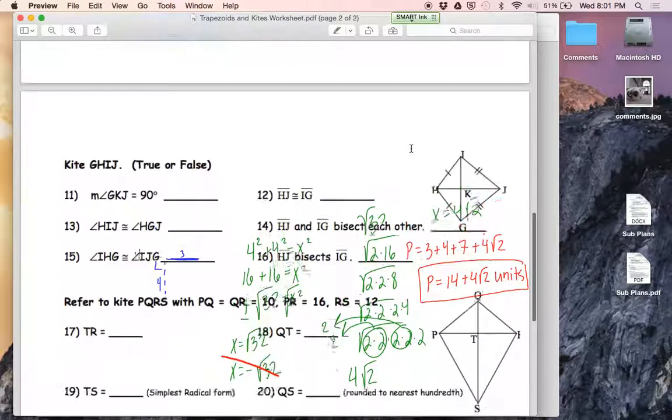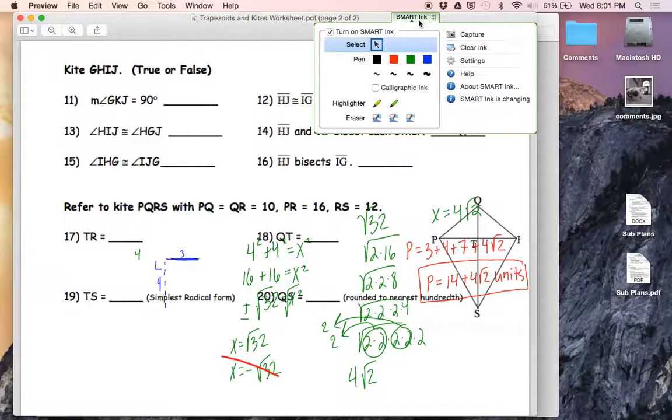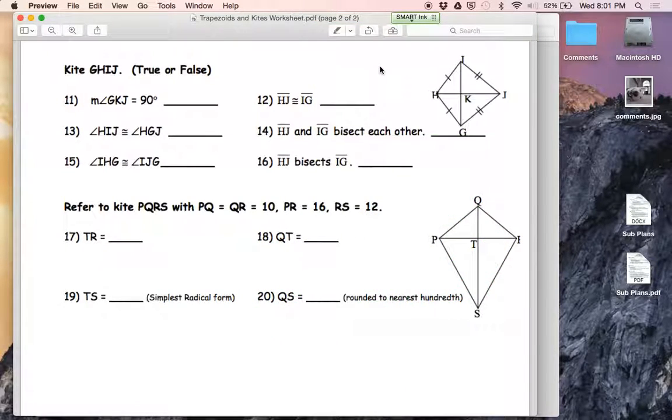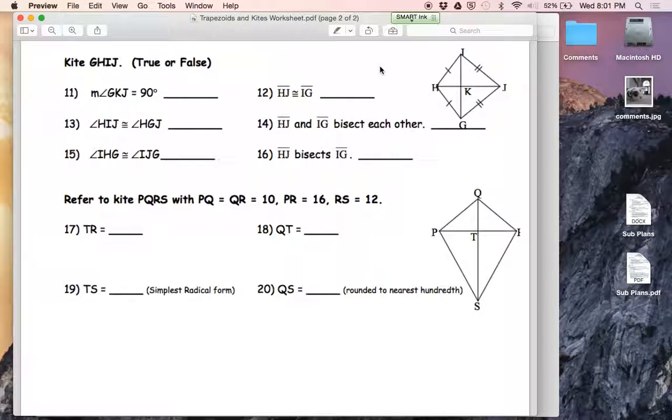All right, moving on. On the back, we've got kite questions. Measure of GKJ is 90 degrees. That is true. HJ is congruent to IG. That is false. The diagonals are not necessarily congruent.